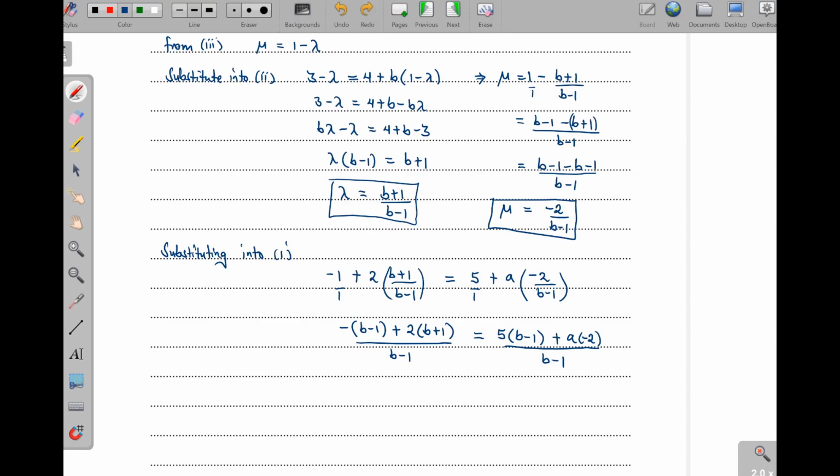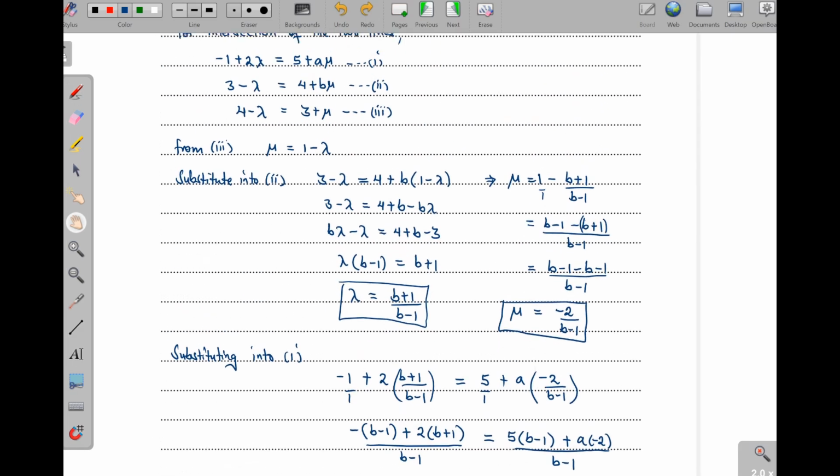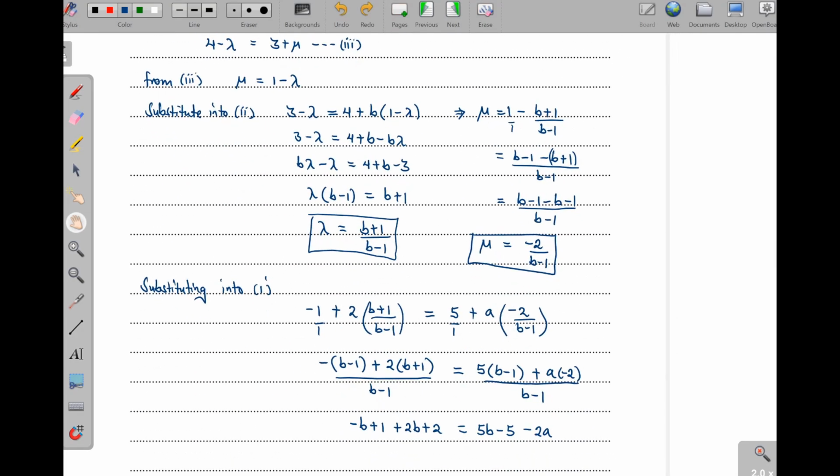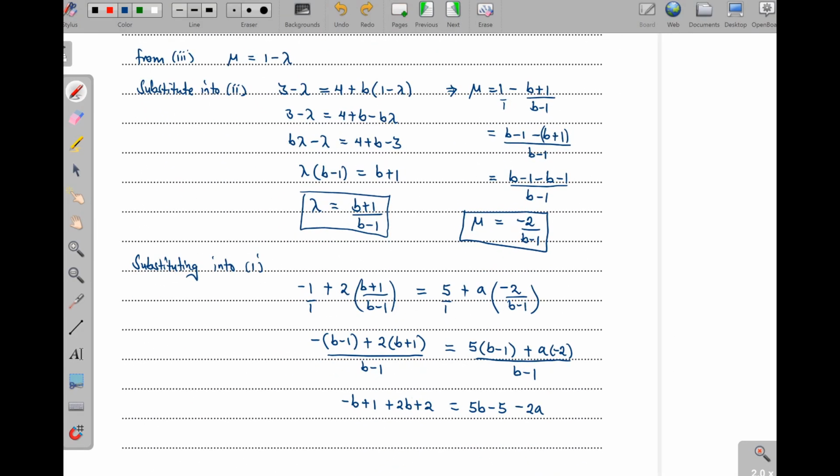So here when we open the brackets, we will have minus b, then plus 1, then plus 2b plus 2, then this one will be 5b minus 5, then plus, I think it's a minus 2a. So we put everything onto one side. What did they tell us to find? So the constant is on the right side. All right, so we are going to have here 2b minus b is another b, then plus a 3.